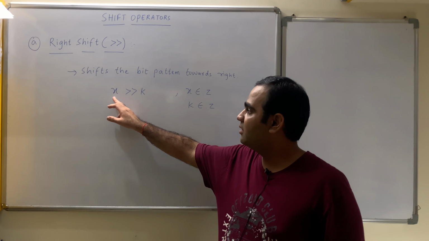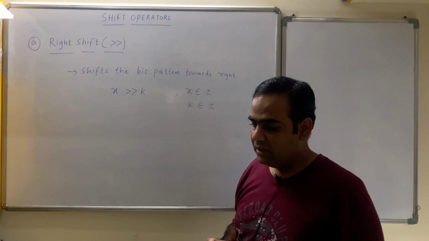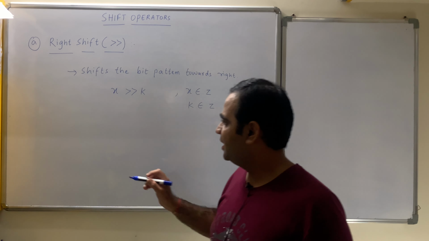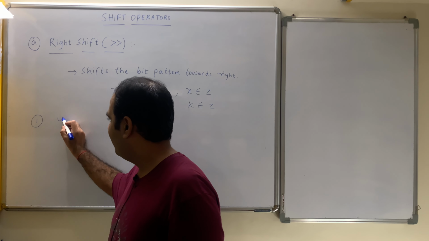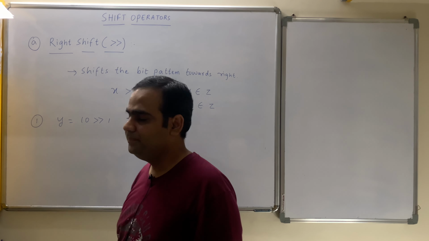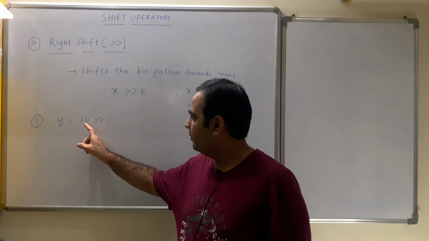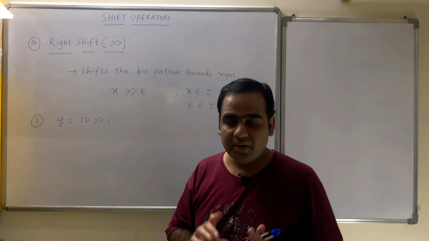Now let's take an example and try to understand this. Suppose we write y = 10 >> 1. That means shift the bit pattern of 10 towards right by 1 place.